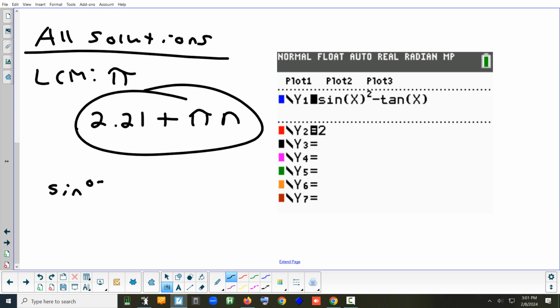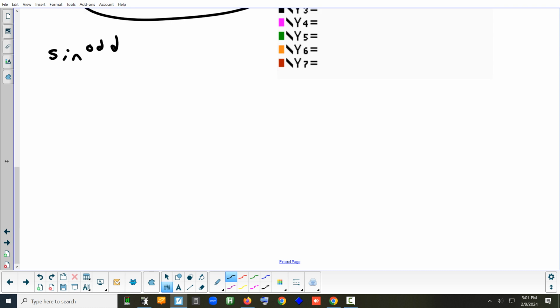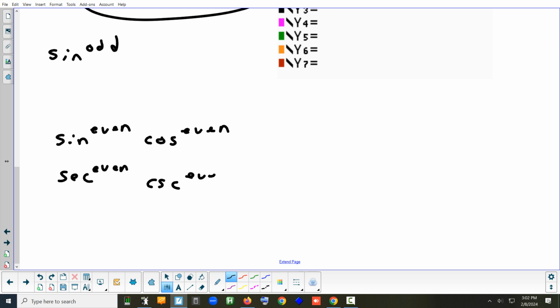Which one's the shorter one to remember? I think the shorter one to remember would be if you have sine to an even, cosine to an even, secant to an even, or cosecant to an even.